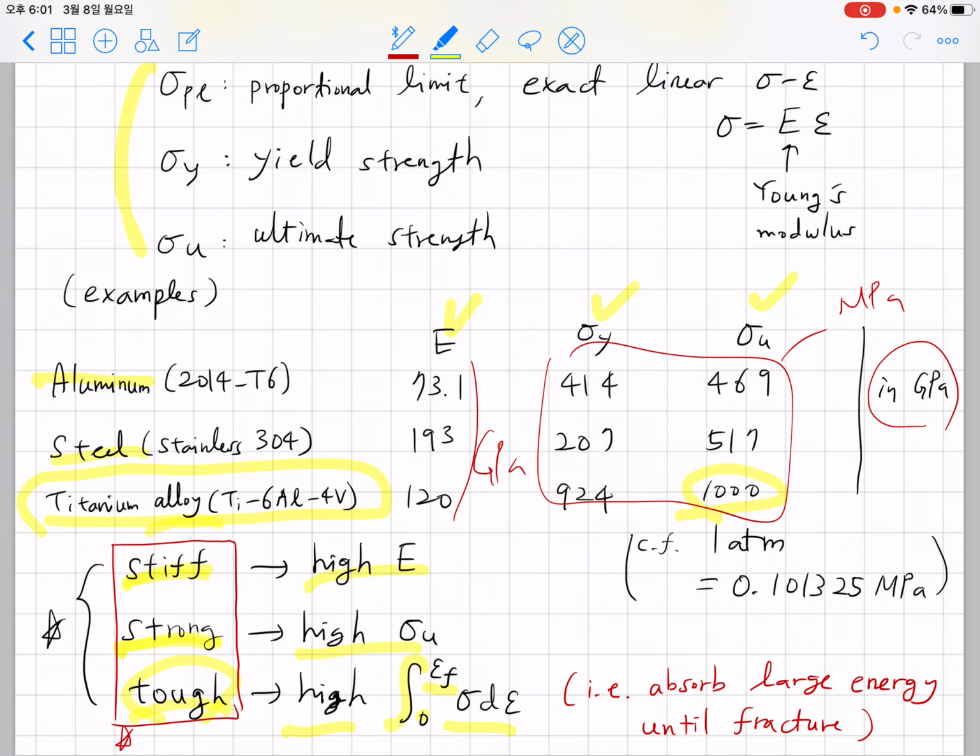You can understand this as absorbing large energy until failure. That's so-called tough. So please now distinguish between stiffness, strength, and toughness, or the words stiff, strong, and tough. They have different meanings in the engineering sense, but in everyday life, people mix these words.